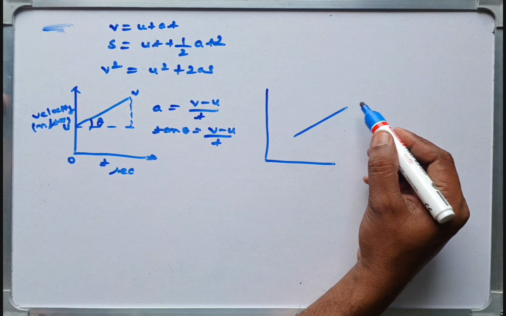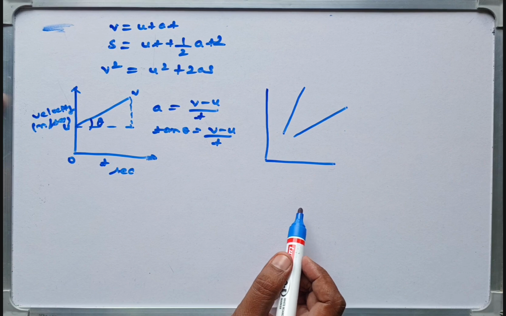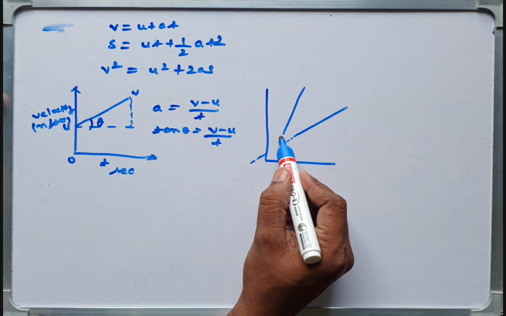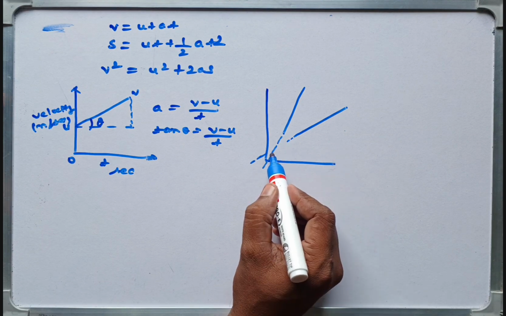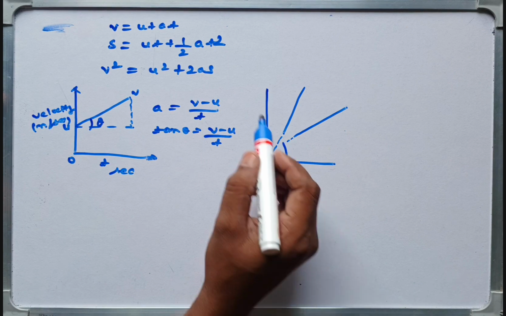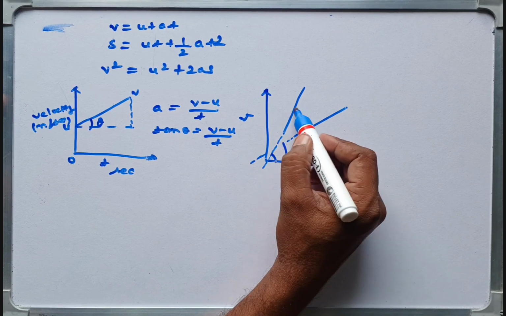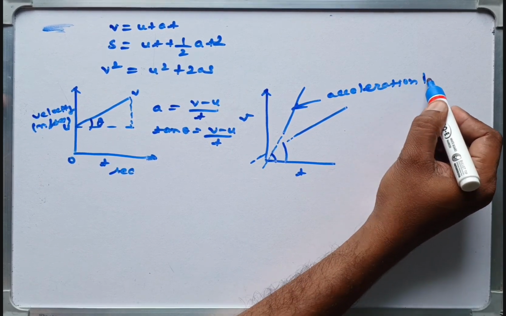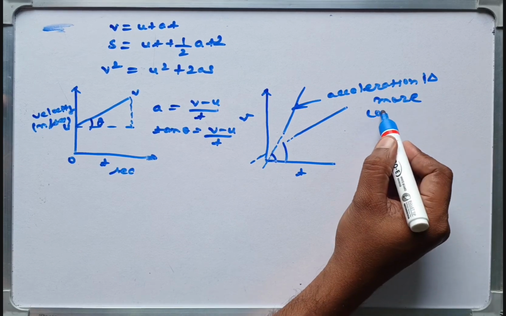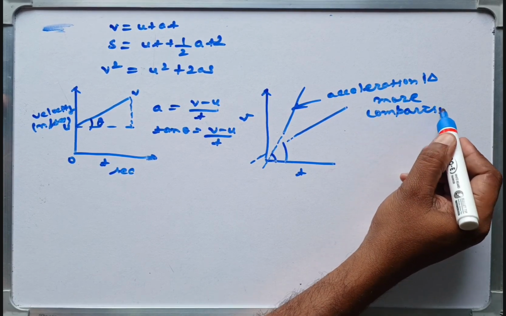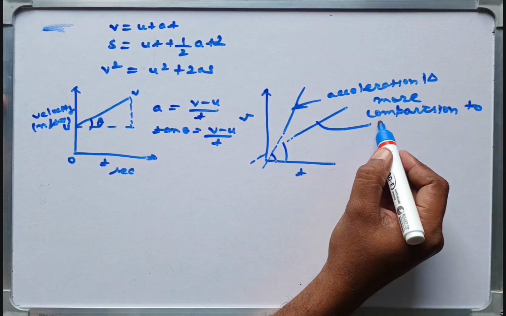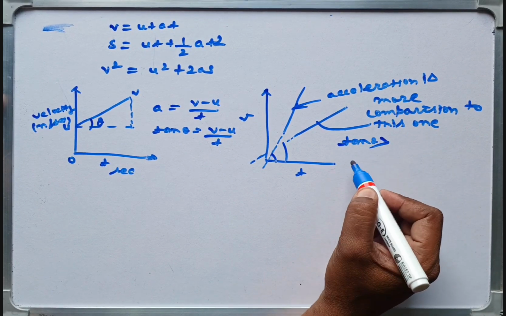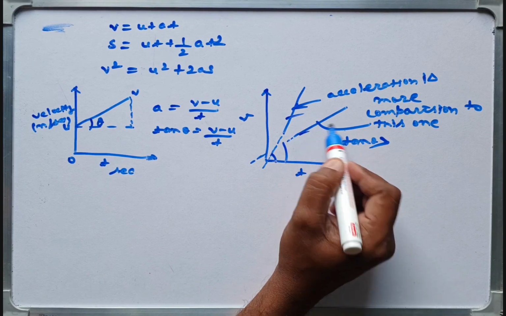In examinations, the slope is given like this. If the slope increases, this angle is larger in comparison to this one, so you can say this acceleration is more in comparison, because tan theta is greater in this case.